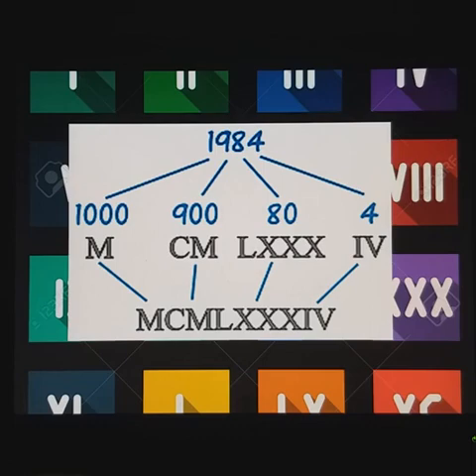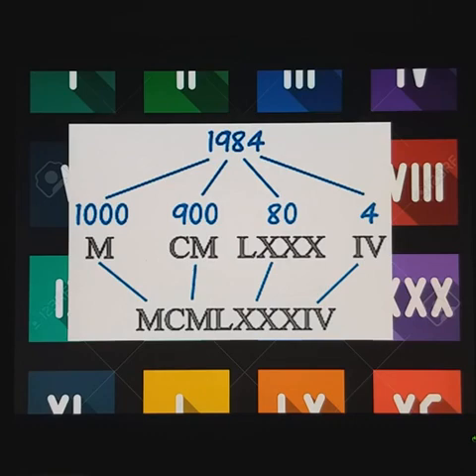So it will come to CM. And then 80. 80 we can write as 50 plus 10 plus 10 plus 10. So it will come to LXXX. And 4 we can write as 5 minus 1, that is IV.